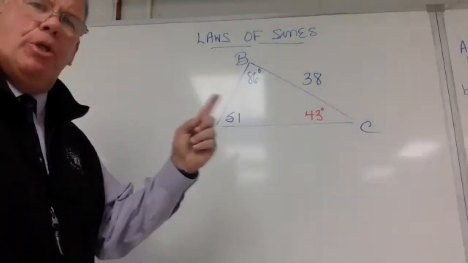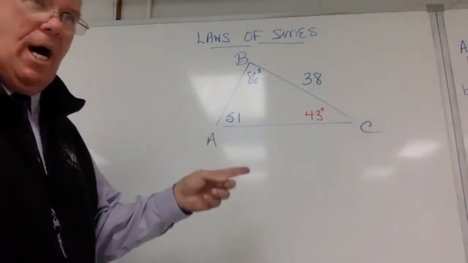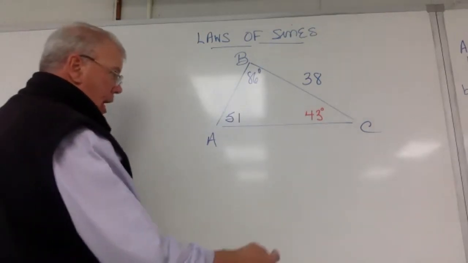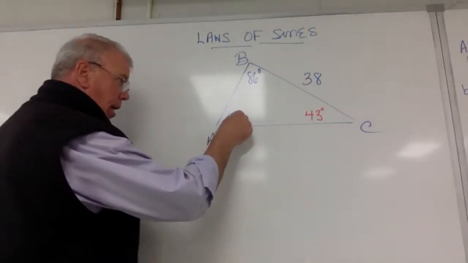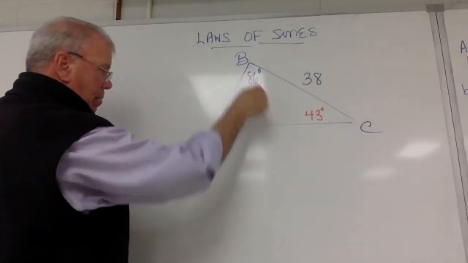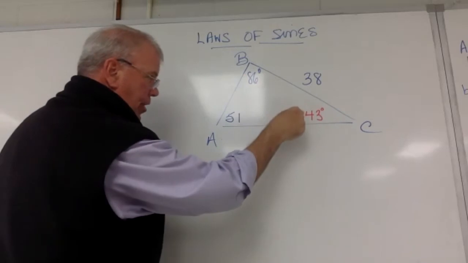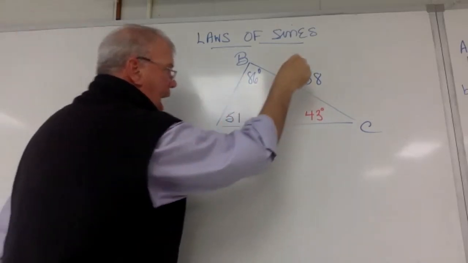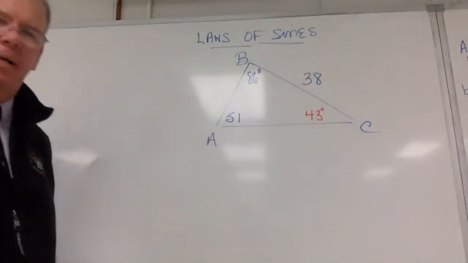All right. Now, I can use the law of sines here. Why? Because what do I know? I know an angle and the side opposite the angle. See, I know this angle, but I don't know this side. But I do know this angle and this side. Does that make sense?